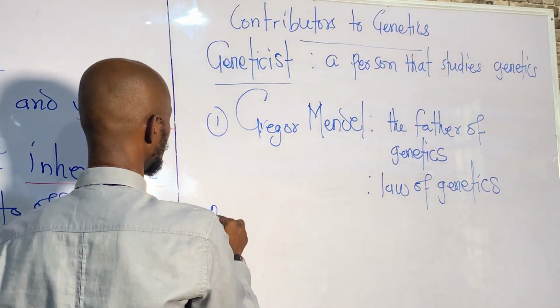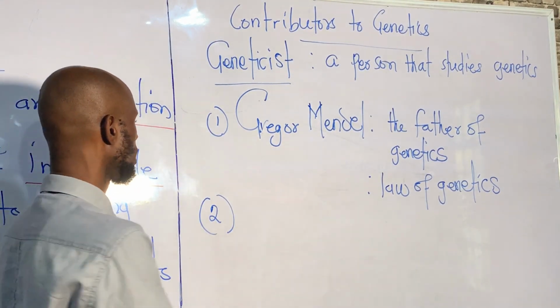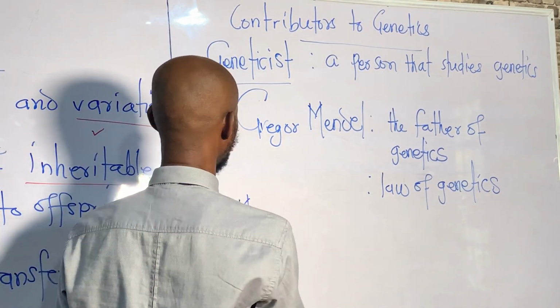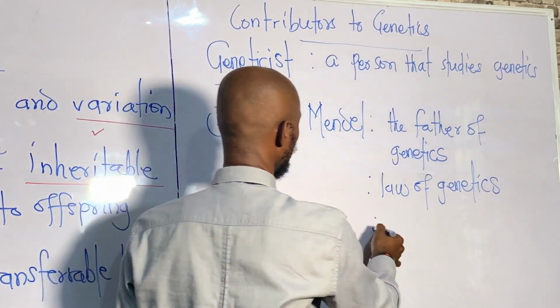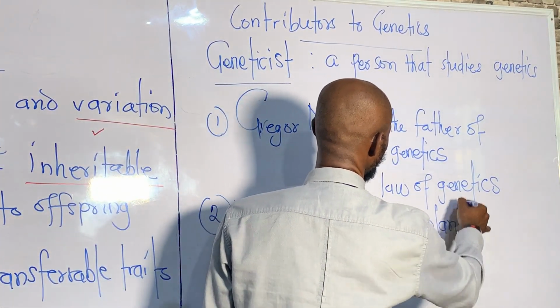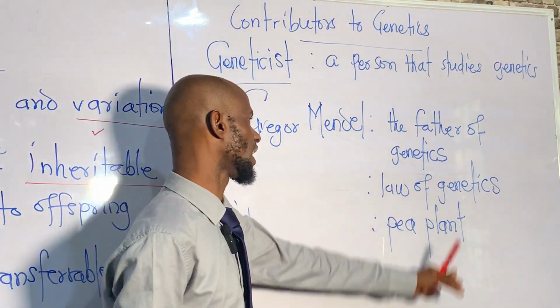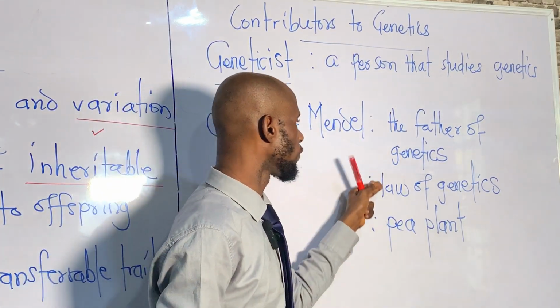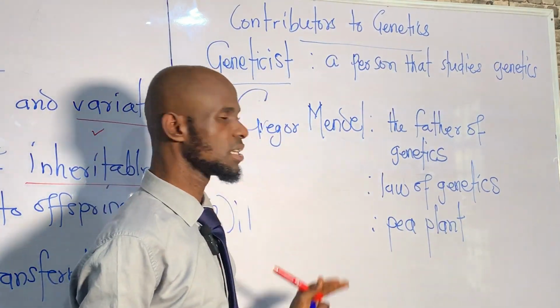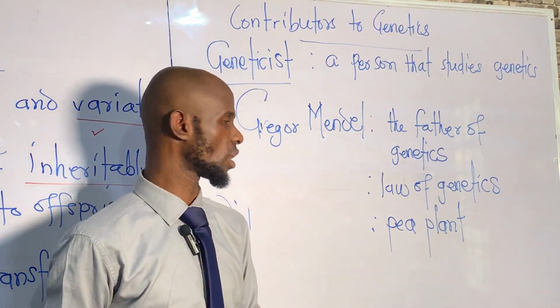So the next scientist is that particular scientist called Thomas. Okay, before that, Gregor Mendel used in his experiment the pea plant. The reason I'm highlighting this is because each of this information is its own question in the objective questions.